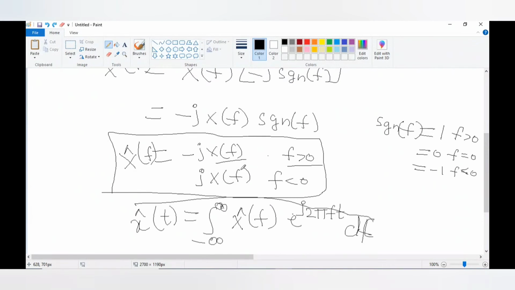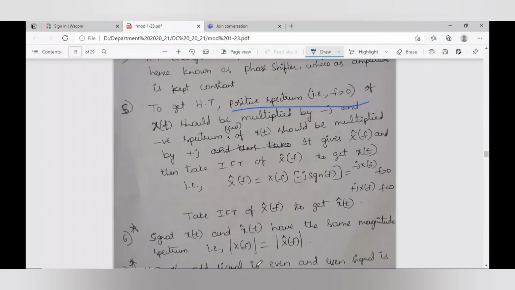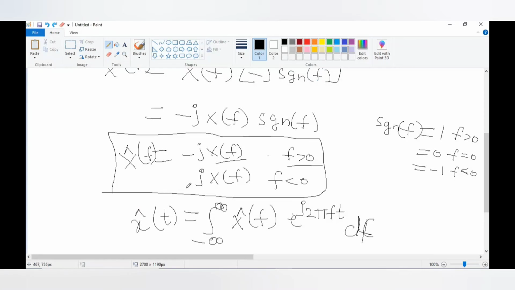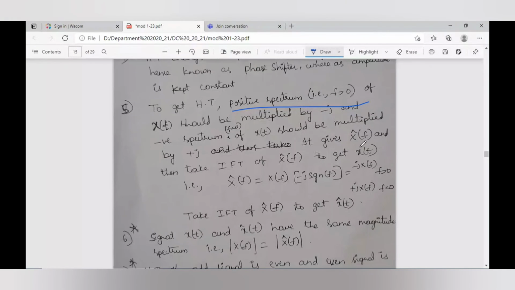The same thing he has given here in terms of statements. To find the Hilbert transform, the positive spectrum, f greater than 0, of x of t should be multiplied by minus j, and the negative spectrum, f less than 0, of x of t should be multiplied by plus j. It gives x cap of f. Now what you need to do?